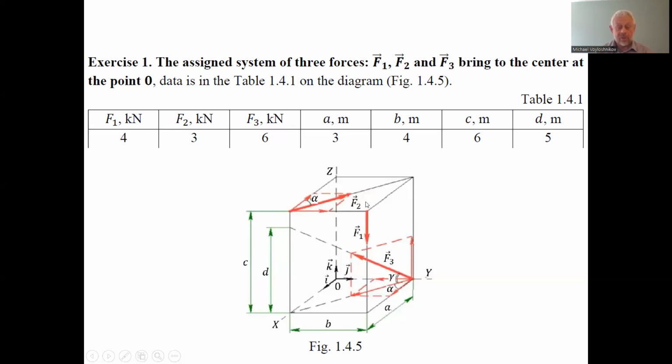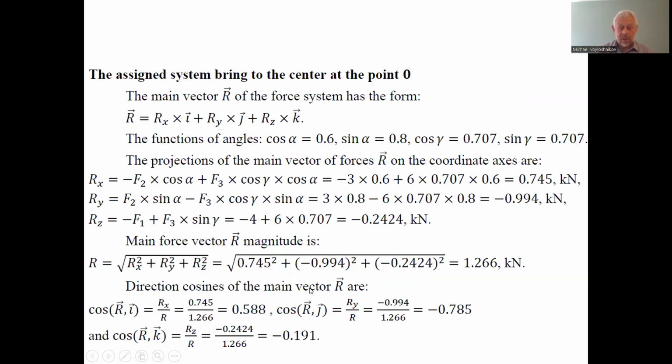So the projection of force 2 on the axis x is the magnitude of f2, which is 3, multiplied by the cosine alpha, which is 0.6. So minus 3 multiplied by 0.6 plus 6 multiplied by 0.707, this cosine gamma, multiplied by 0.6, cosine alpha as well.